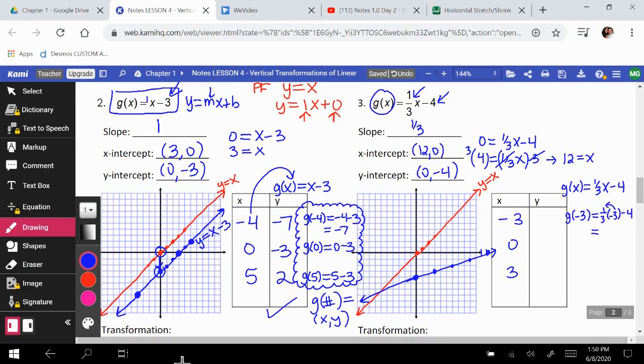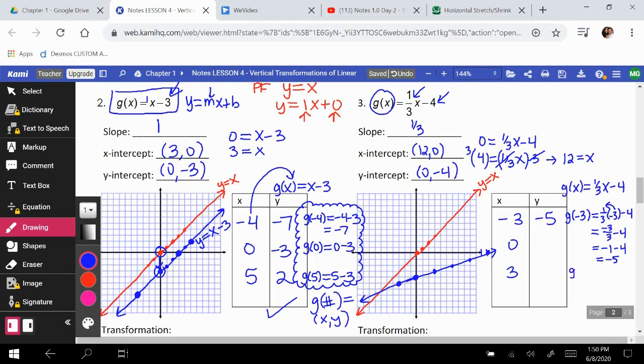Okay, so if I multiply the numerator by -3, I would get -3/3 minus 4, which is -1 minus 4, which is -5. Do I have a point at -3, -5? 1, 2, 3. 1, 2, 3, 4, 5. There it is. Sure do.